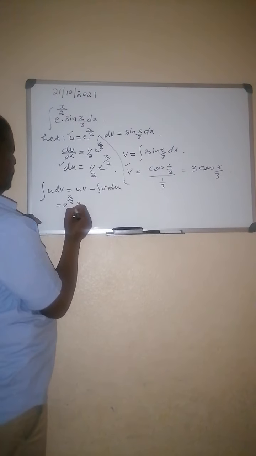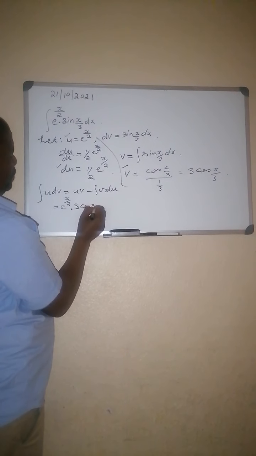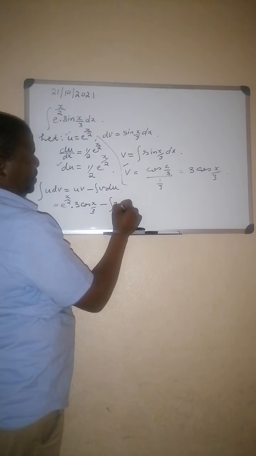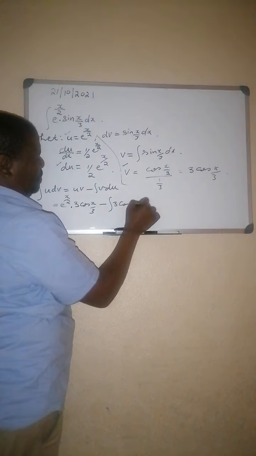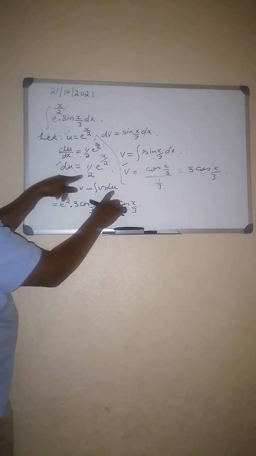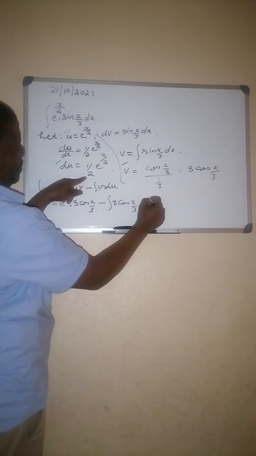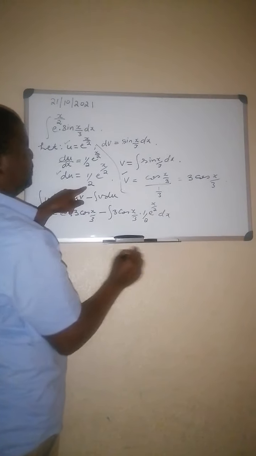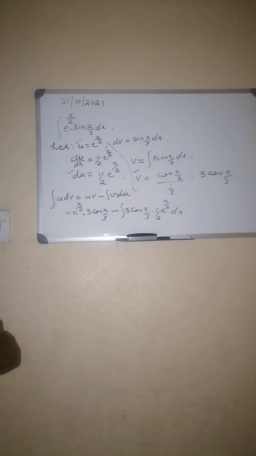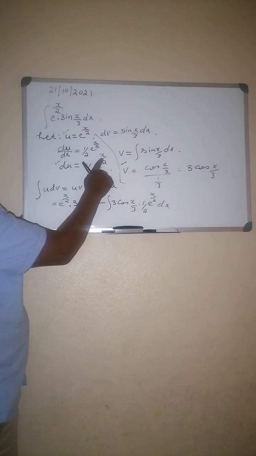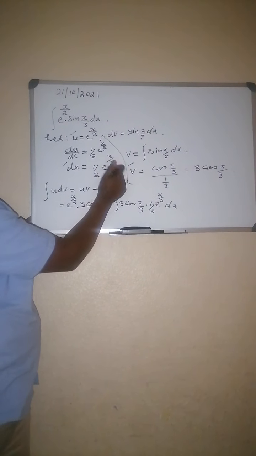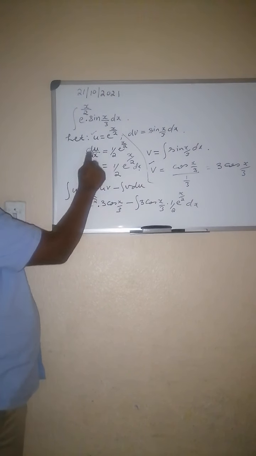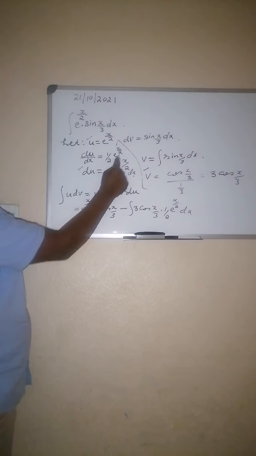V is 3, the cos of x over 3, minus the integral of v. V is 3, the cos x over 3. What is du? Du is half e to the x over 2 dx. I'm sorry on that. This is more like making the du the subject of that part.